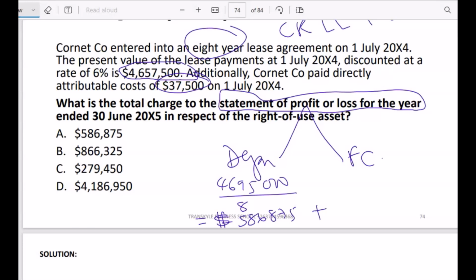So if that is the case, we then have to have our amortization table like this one. We have got the year, the opening balance brought forward, and then we have got the interest. In this case, the interest rate was 6%.